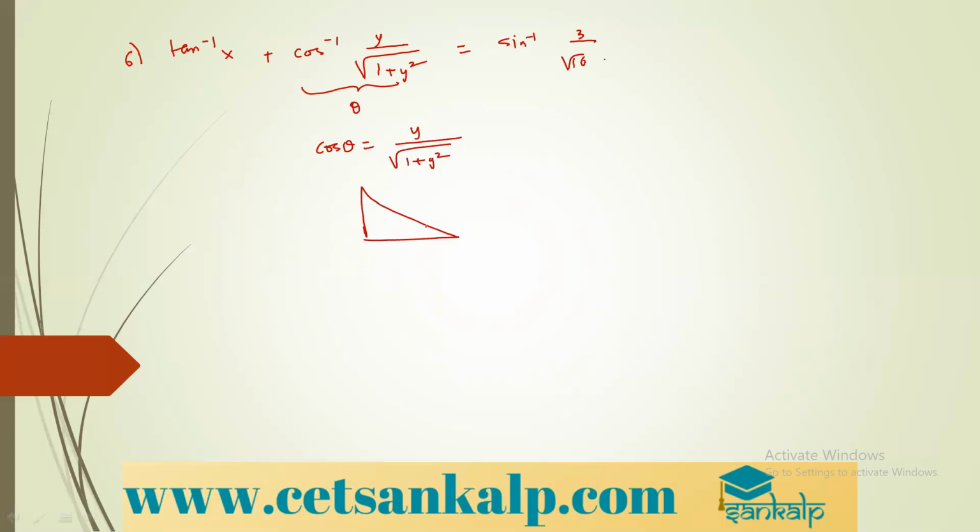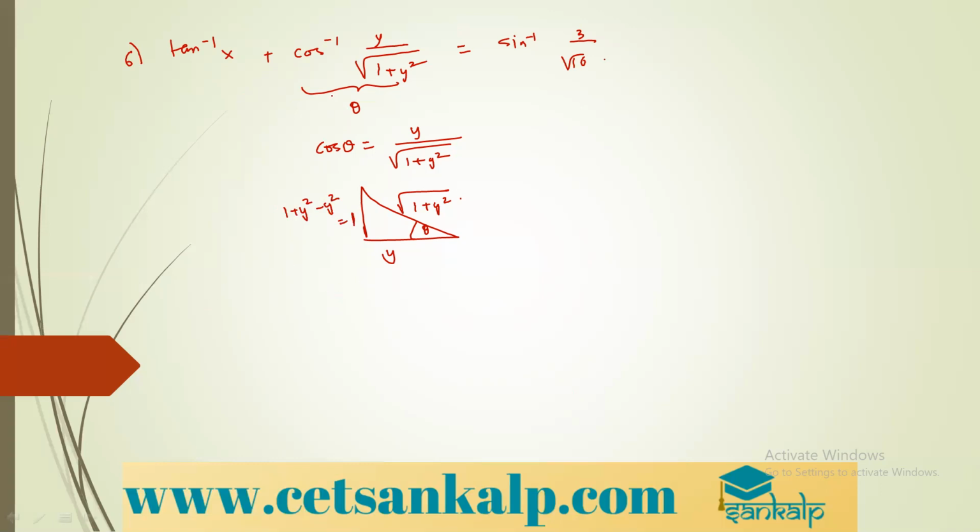That means in the triangle, adjacent is y, hypotenuse is square root of 1 plus y square. So the opposite, according to Pythagoras rule, will be 1 plus y square minus y square. That is 1.